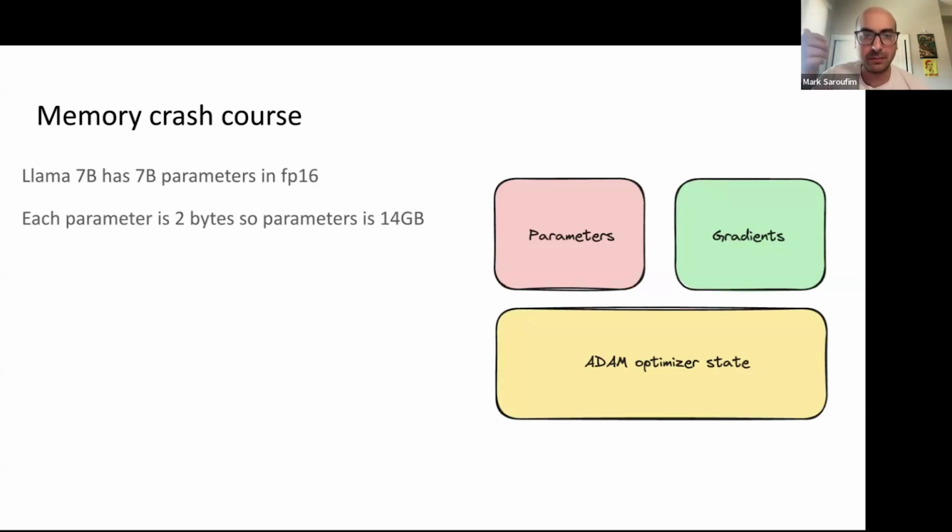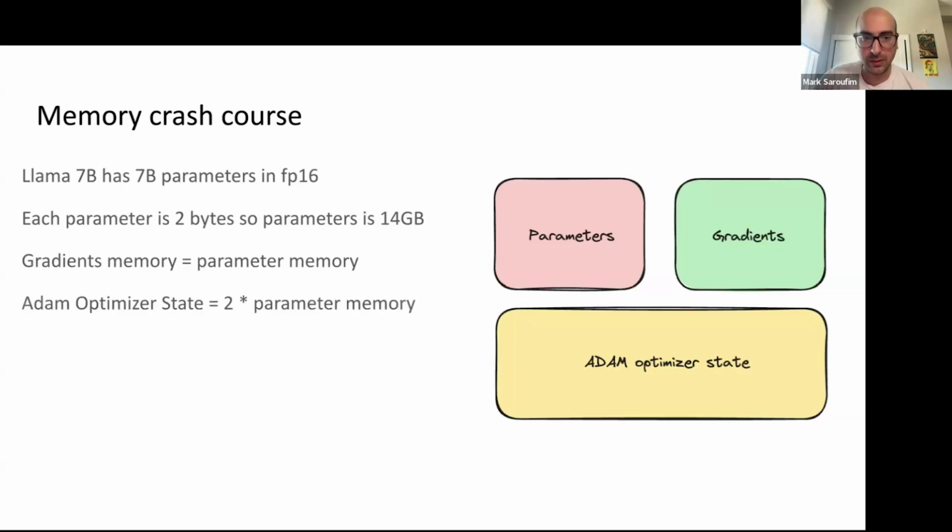But that's not enough. If that was enough, you could just run Llama 7B on a 3090, but you can't. And how come? Well, if you're doing fine tuning or training, you also need, per parameter, gradients, and your gradients will also be in FP16. So you end up with another 14 gigs. And then finally, a detail everyone seems to forget all the time is the size of your optimizer.